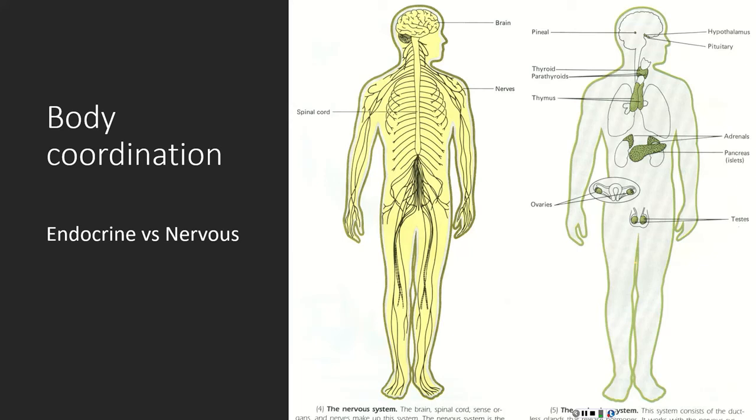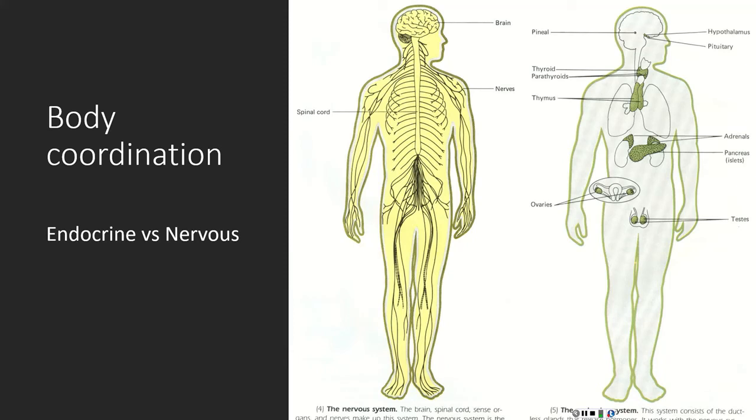And the endocrine system is a system that uses hormones to communicate with different parts of the body. Now, the endocrine system, it's a little slow. It doesn't have a very fast effect, but the effects that it does have are much longer lasting.